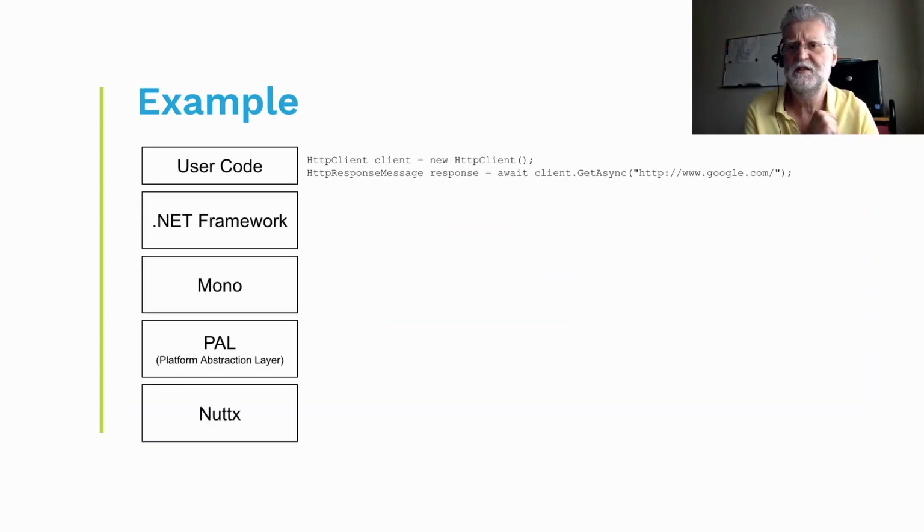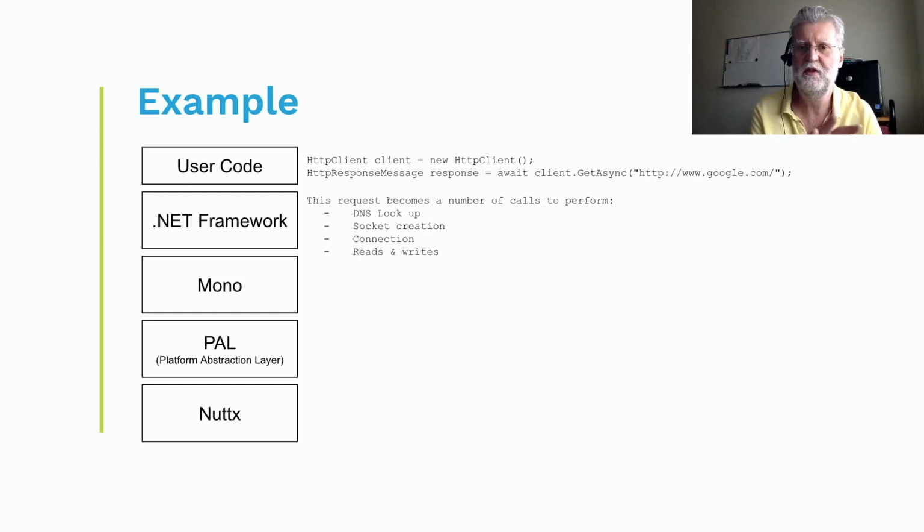So let's have a look at an example from your code. A possibility is a GET request using the HTTP client. So this request, you would pass on, say, the URL google.com. You would pass that down into the .NET framework. And again, remember that the .NET framework, Mono, and the platform abstraction layer are all part of the Mono runtime system.